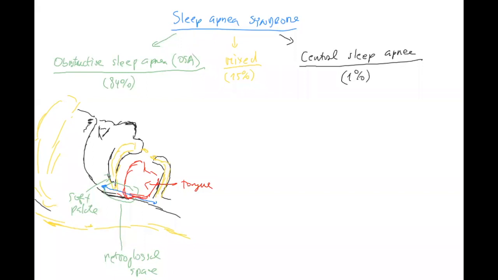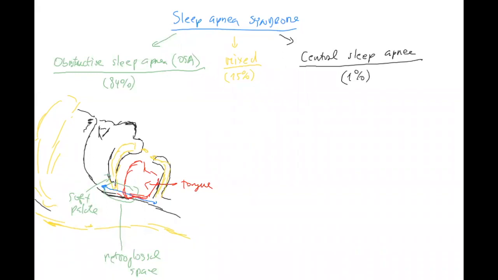If it happens once in a night, it doesn't matter, that's fine. But if it happens 30, 40, 50 times during an hour of your sleep, this is serious, because you're not sleeping enough. You always wake up to a certain point, although you won't wake up fully, and the sleep is not efficient. You are very tired during the day, and this is a risk for many other things.